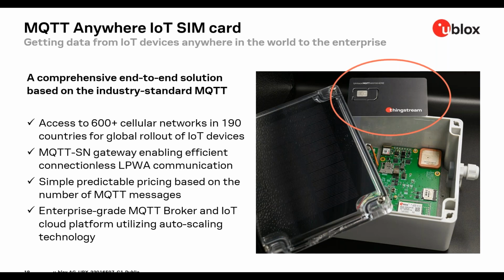So this is enabling a global rollout of this particular application. The MQTT-SN gateway is giving that efficient, connectionless, low power communication. We've got predictable pricing here. The pricing is not based on the amount of data sent, it's based on the number of messages sent per month. So the customer has complete visibility and predictability of pricing.